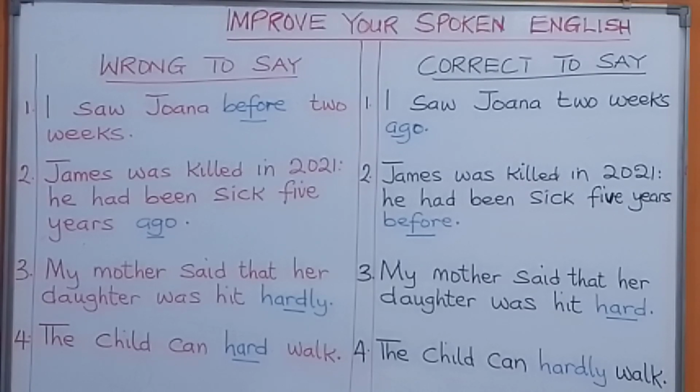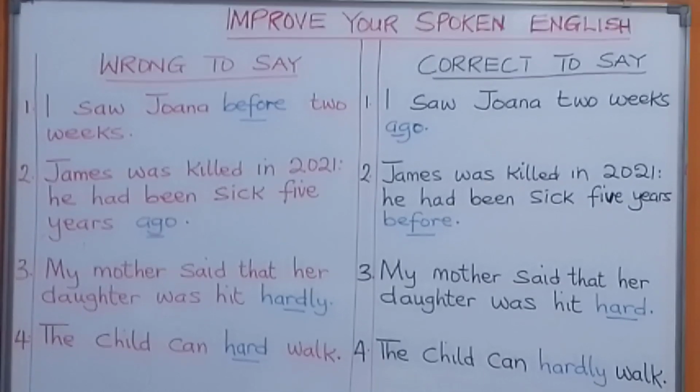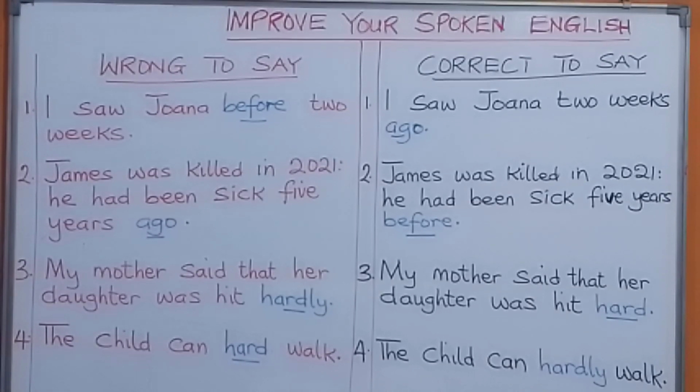But he had been sick before that time. He had been sick 5 years before the time he was hit or he was killed. So in this case, you are talking about two things in the past: a distant past and a nearer past.